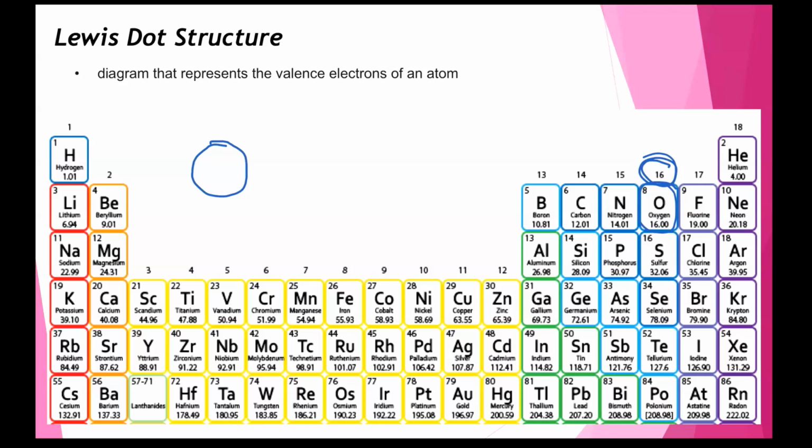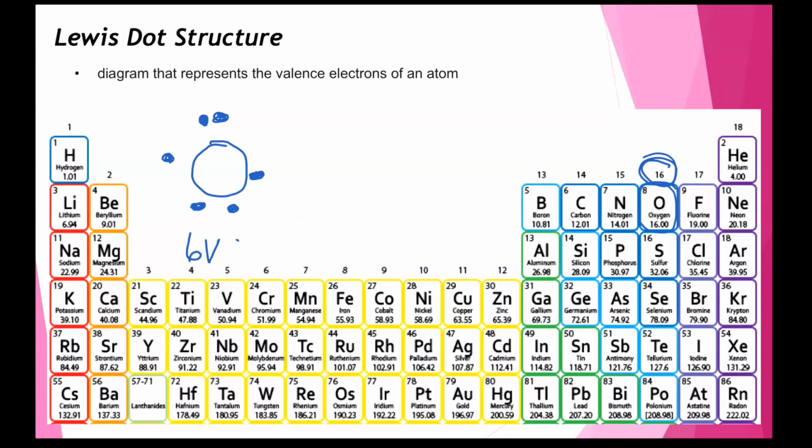So when I put my dots, I'm going to start by going up 1, 2, 3, 4, and then I'm going to start putting doubles. 5, 6, and then that's all I need. So 2 sides of my oxygen have 2 dots, and 2 sides only have 1 dot, for a total of 6 valence electrons.